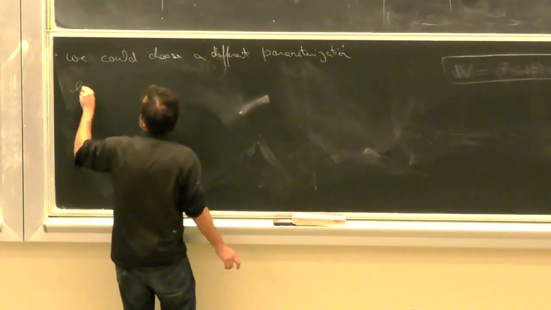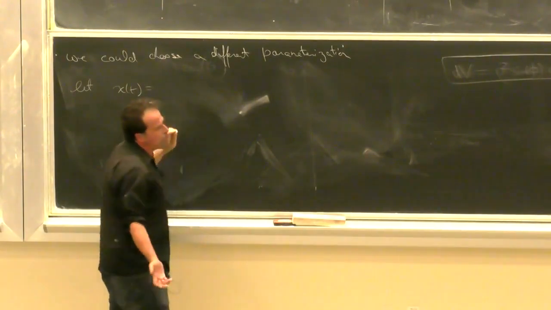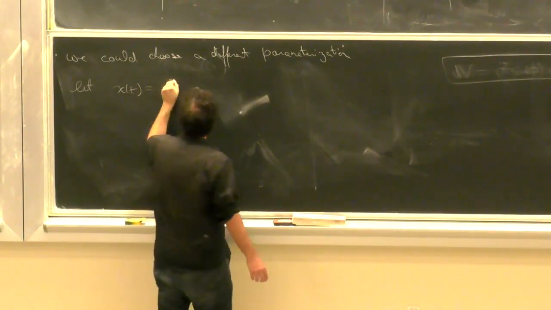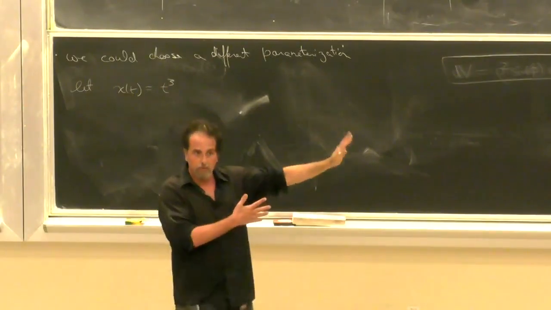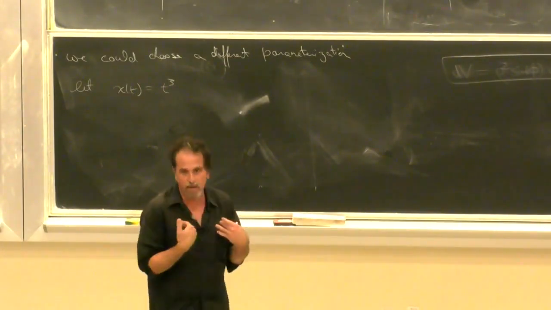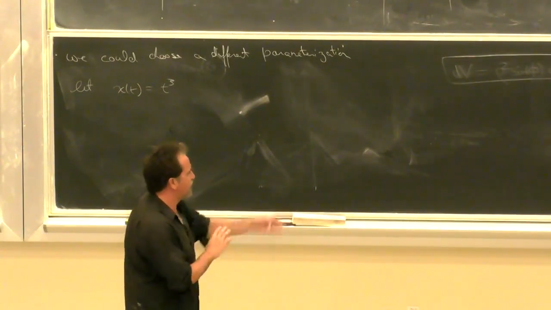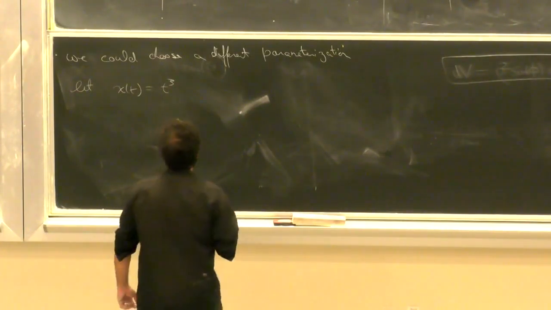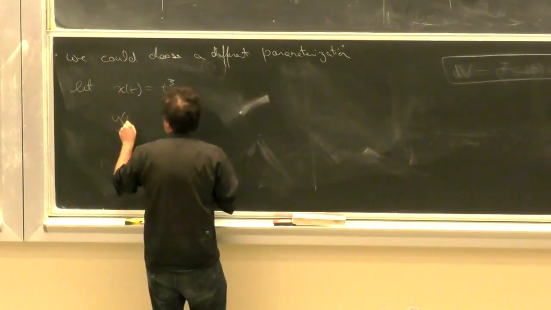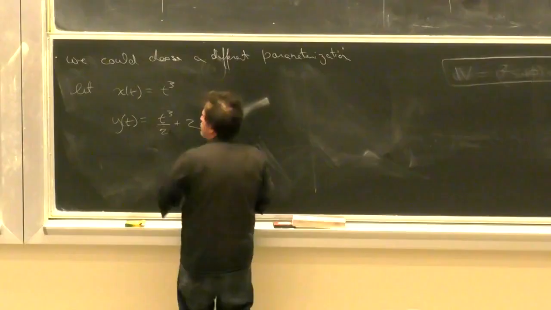Let x of t equal, I don't know, t cubed. Let's try x of t equals t cubed. I've chosen my x of t, and I plug it into the explicit form. And so I'm left with y of t equal to t cubed over 2 plus 2.